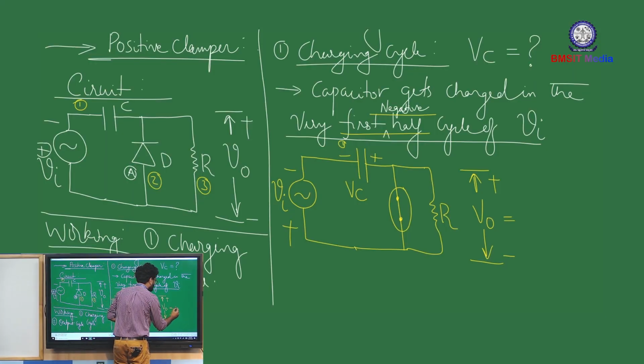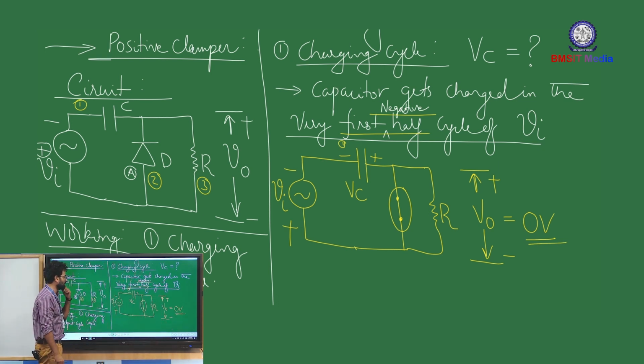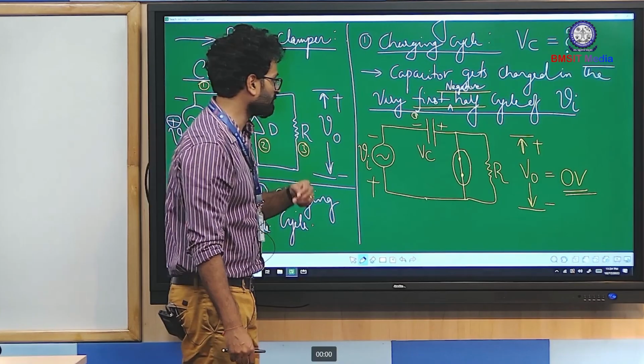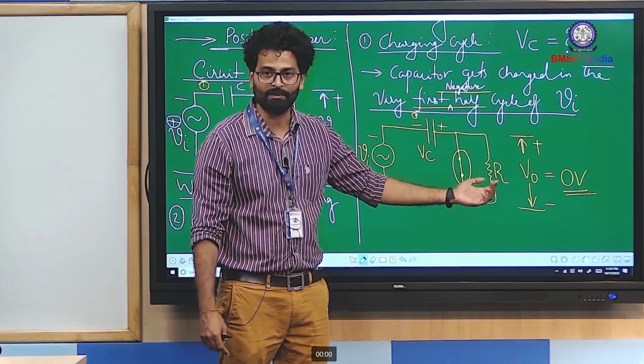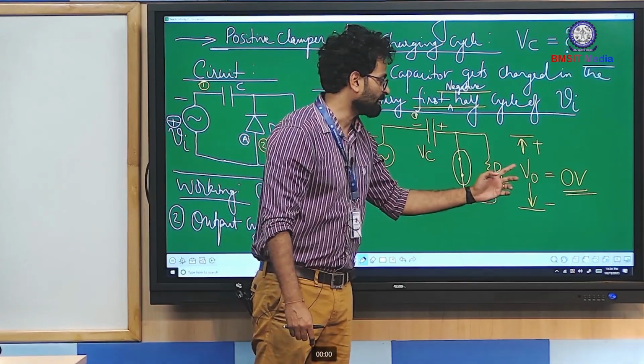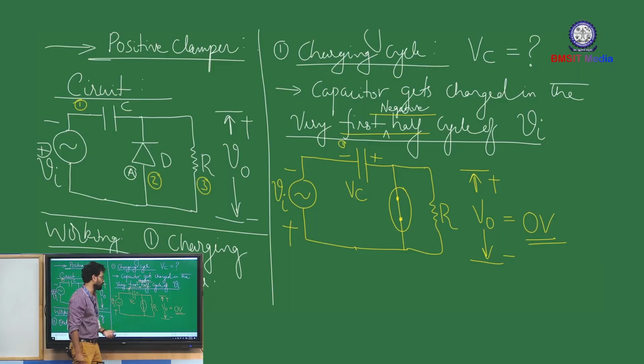So in the very first charging cycle, the output voltage remains 0 volts. In your circuit, you are left with only two voltages, Vi and Vc. Of course, V0 you can include when you apply KVL, but eventually you are going to substitute V0 equal to 0 volts.